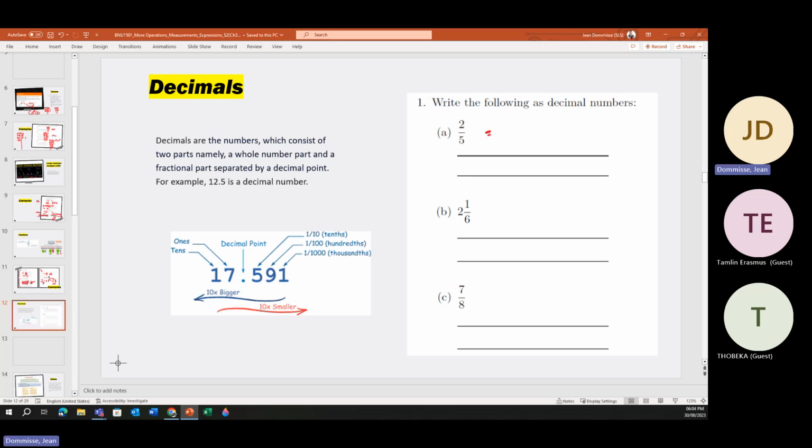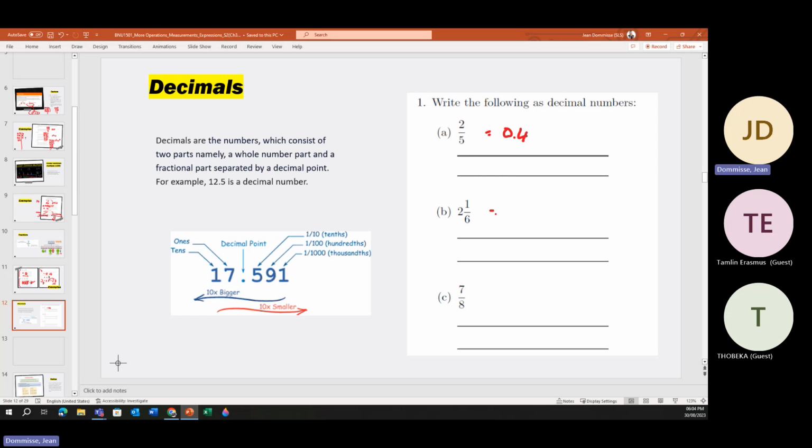So let's first do the decimal component, and then let's see afterwards if there's one that we can use as an example to round off. So you can again use your calculator in this instance. So 2 over 5 will be 0.4. So that is a decimal.